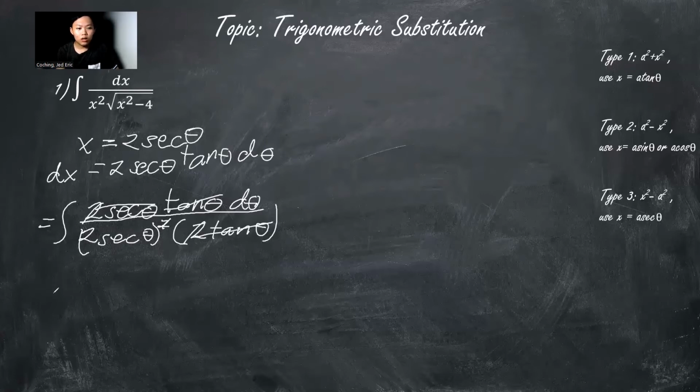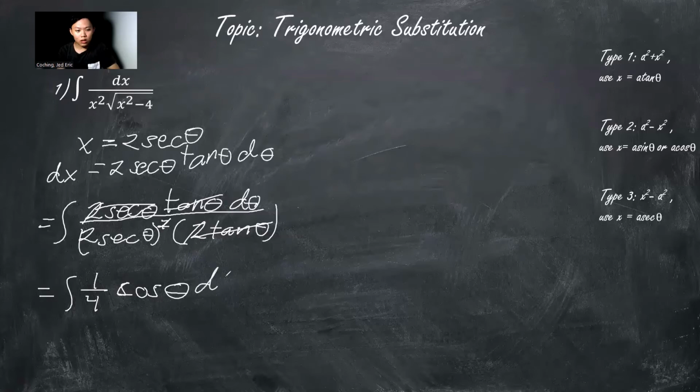So all that's left is, since this was squared, 1/4 cos theta d theta, as 1 divided by secant theta is just cos theta.